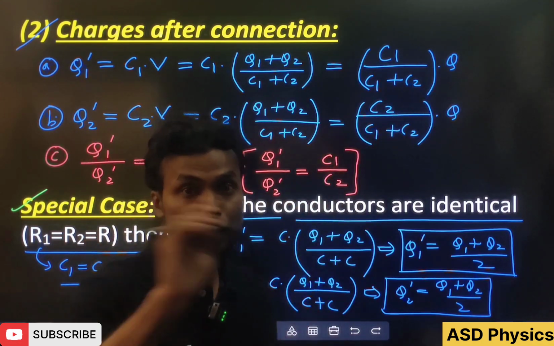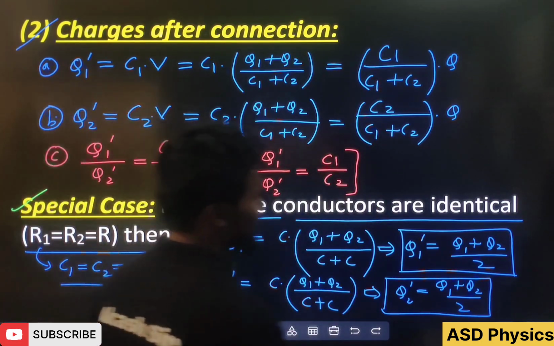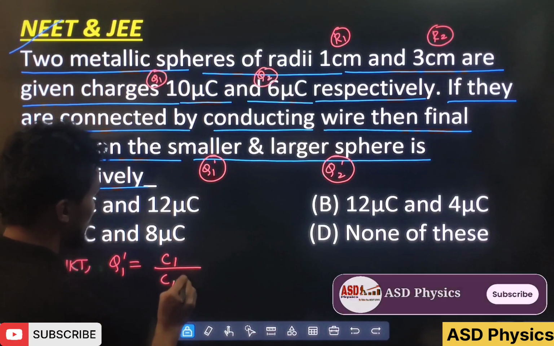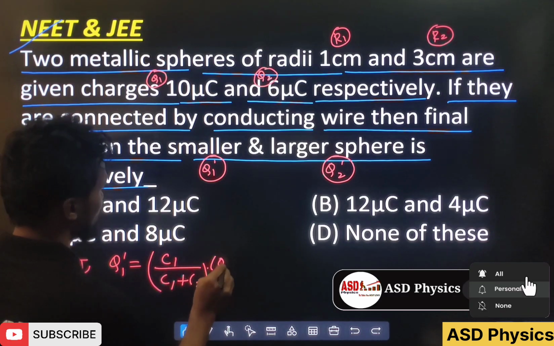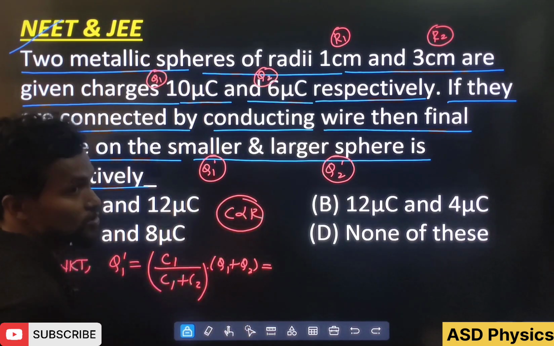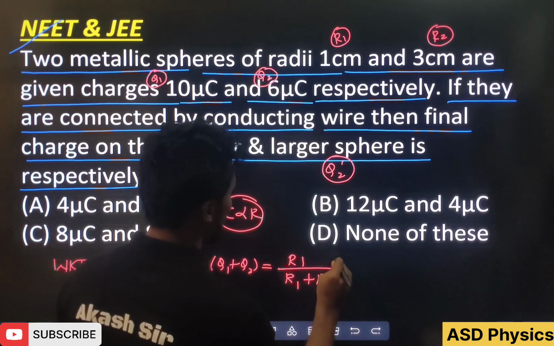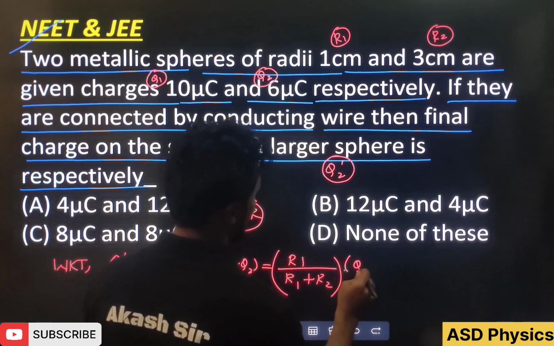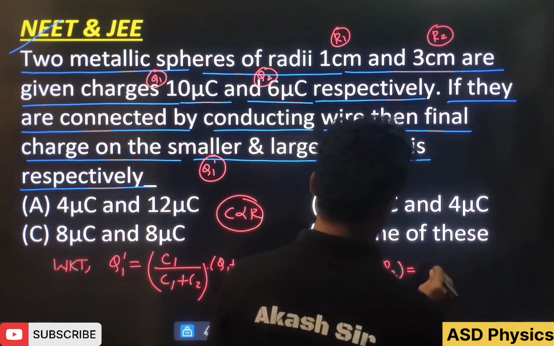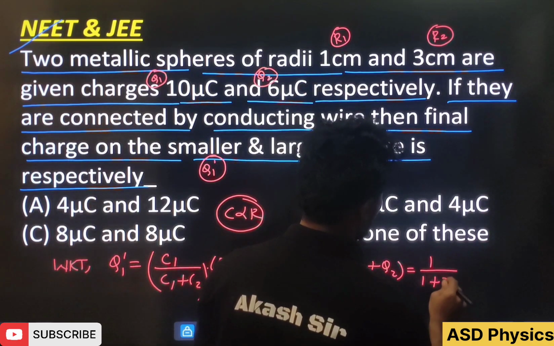But you know capacitance is directly proportional to radius, so C1 by C1 plus C2 I can write even as R1 by R1 plus R2, into the charge Q1 plus Q2. Now let me put the values here. R1 is 1, so 1 by 1 plus 3.